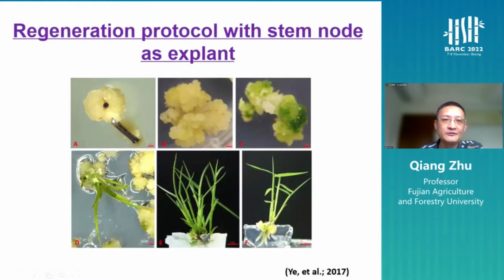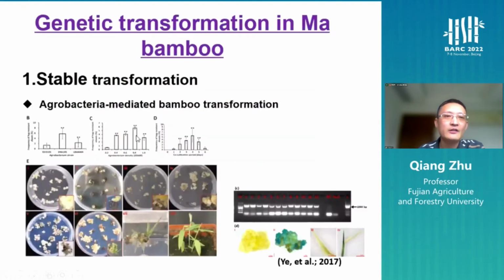As you can see from this slide, we can successfully induce the callus, amplify it, and induce the shoot as well as the root. Based on this, we further optimized the Agrobacterium-mediated bamboo transformation parameters and established the bamboo transformation protocol. As you can see, we can get the transgenic bamboo.